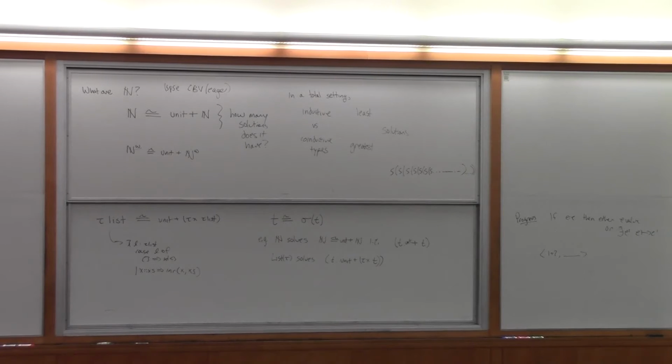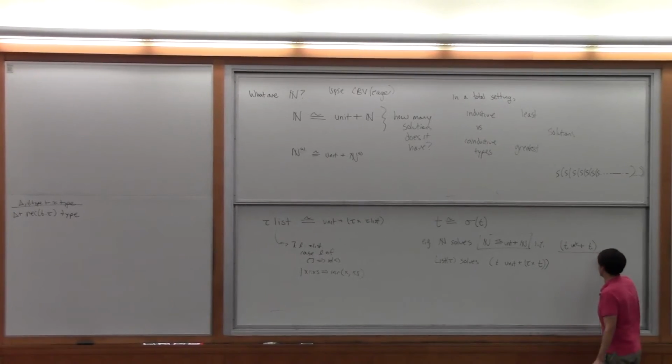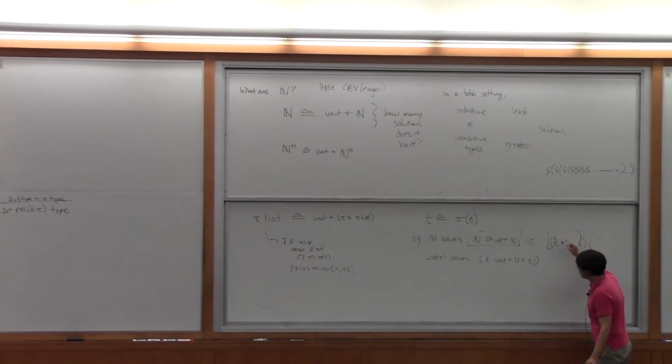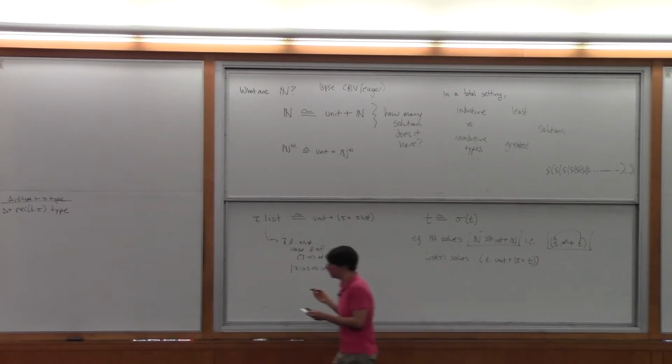So you want to think of the type, which I'll write as rec t dot tau, which will be a type in delta, assuming that t is a type, tau is a type. Just like this equation, n is unit plus n, we wrote out the schema as a type with a type variable. The new type constructor will take a type with a type variable.